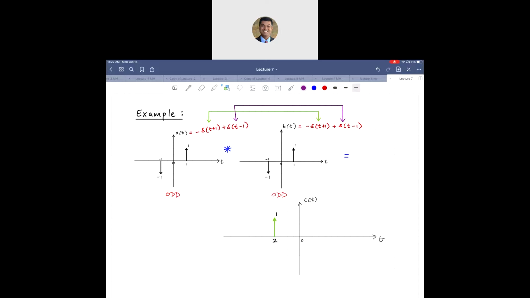You meant to write -2. Yes, you are absolutely right. And at 1, 2, here is 2. And for this guy, the result is also going to be positive, and it is going to be a height of 1 here.